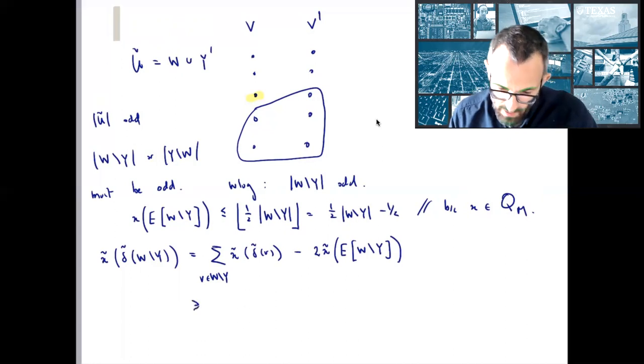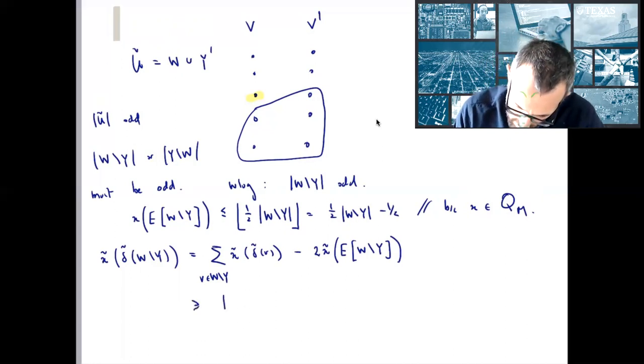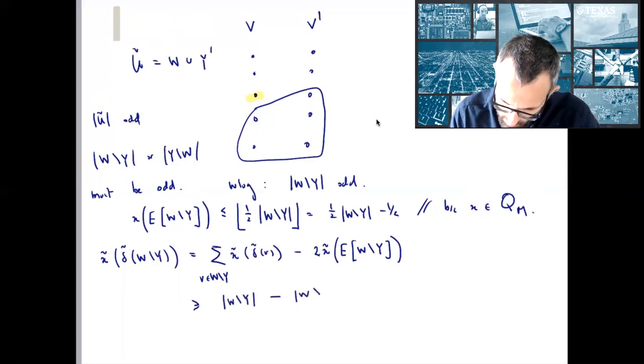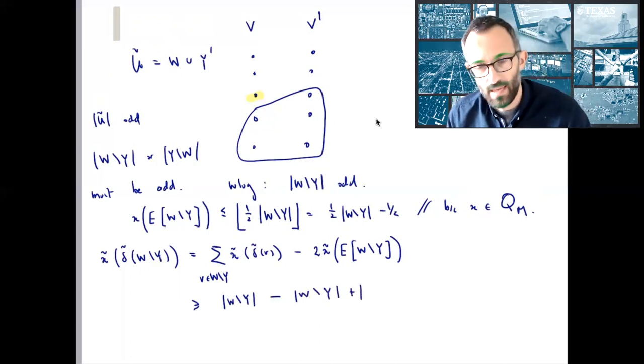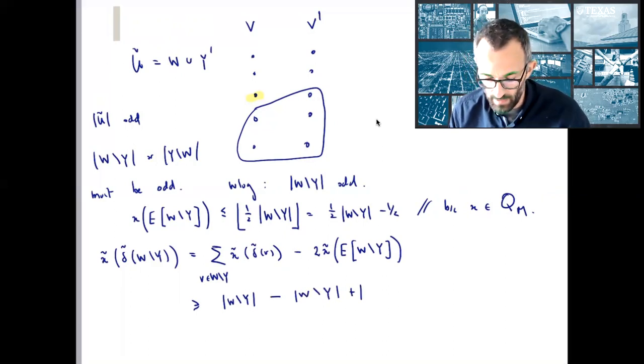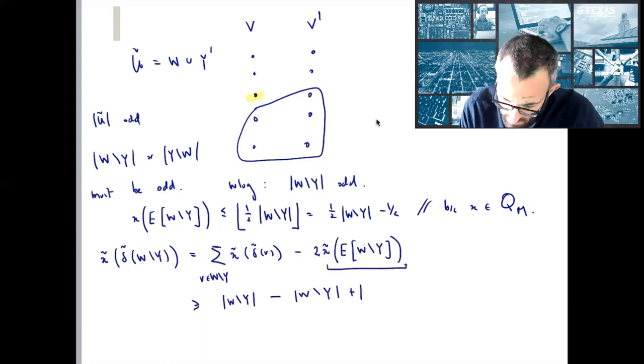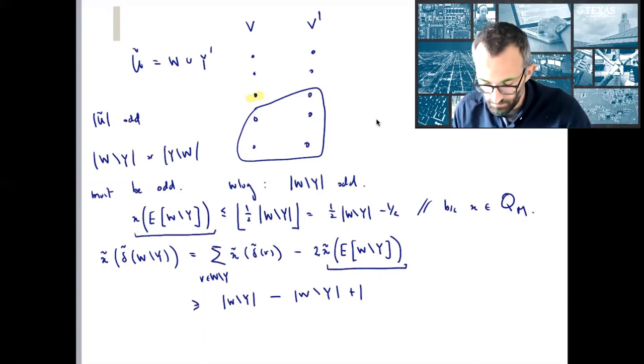But now this is greater than or equal to w minus y minus w minus y plus 1. How did I get that? It's sitting right there on the page. I used just the above inequality, right? Because this quantity is exactly what is sitting right there.